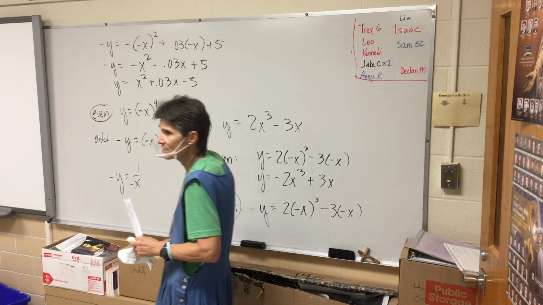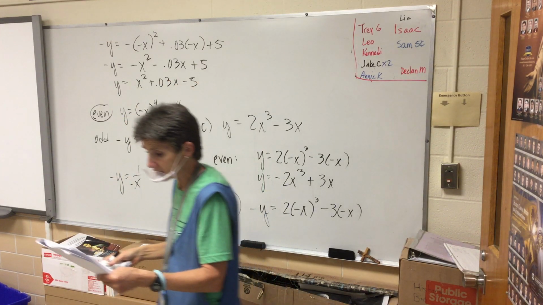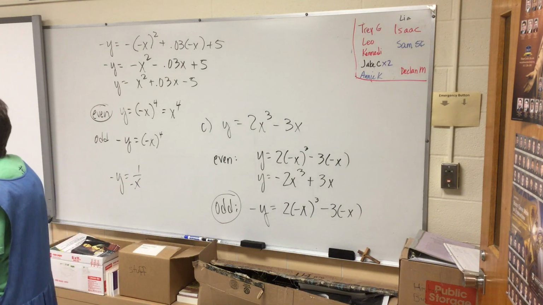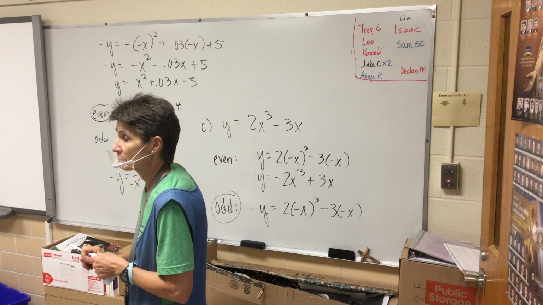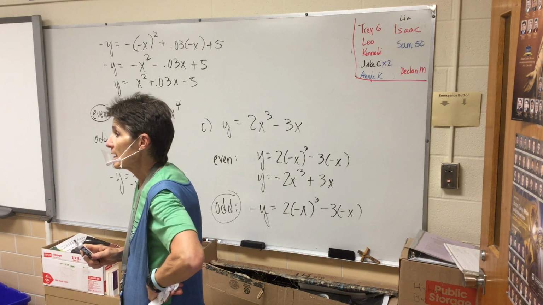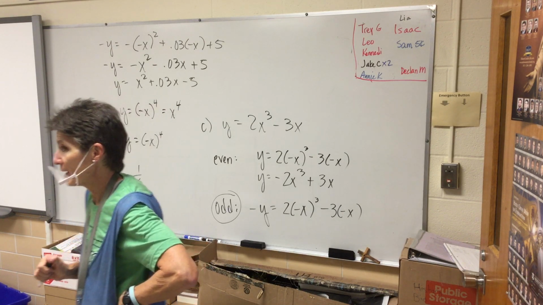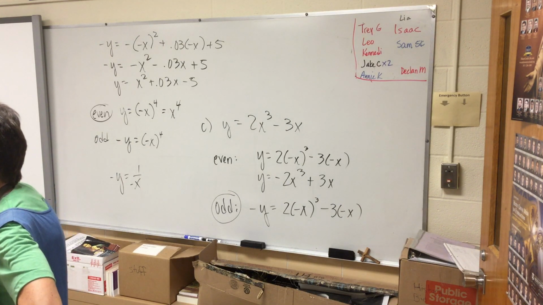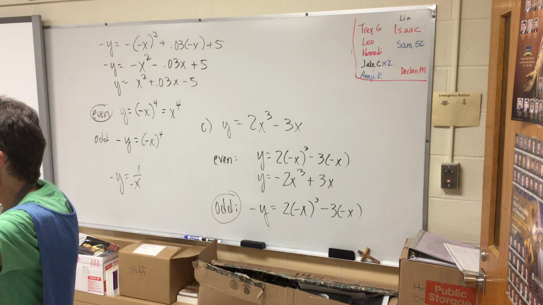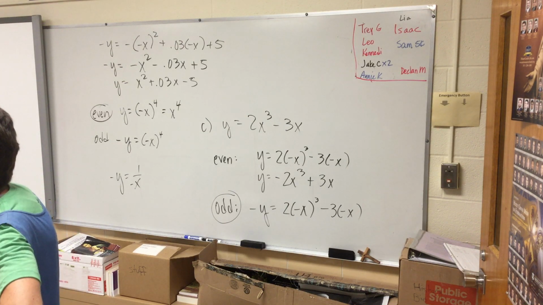Is that the same as the original? No. So that's an example of a function that is neither even nor odd. Does anyone have a question about that? Cosine is even, sine is odd. We'll learn about that very shortly.